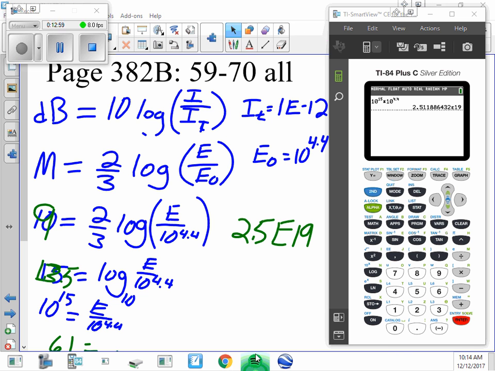So I just changed the formula. 10 raised to the 13.5. And then we'll times that by 10 to the 4.4. That's 7.9 e to the 17th.